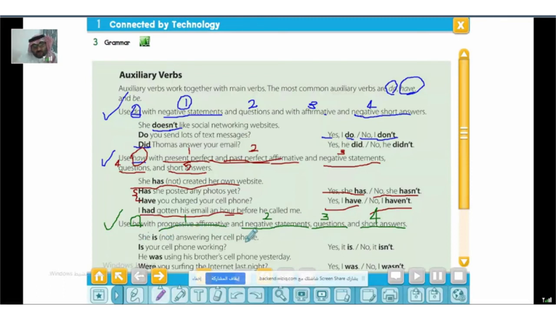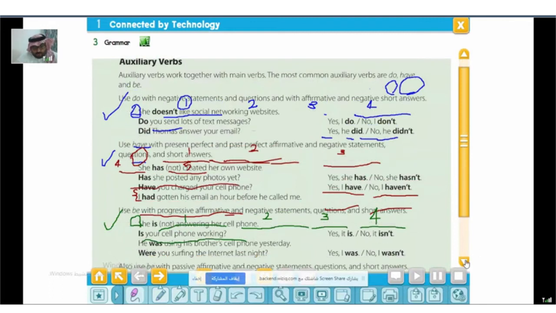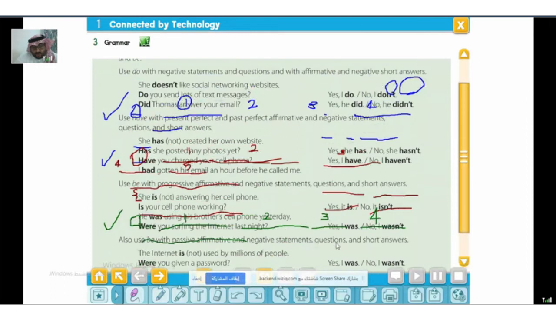First, she is not answering her cell phone. The sentence is a progressive affirmative. Number two, negative statements. We have a negative statement. Number three, questions.